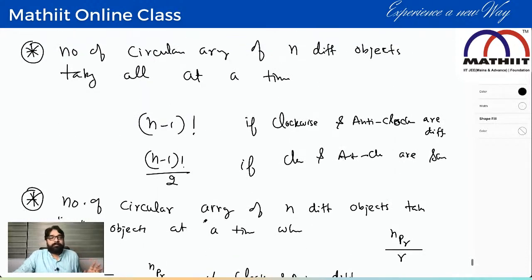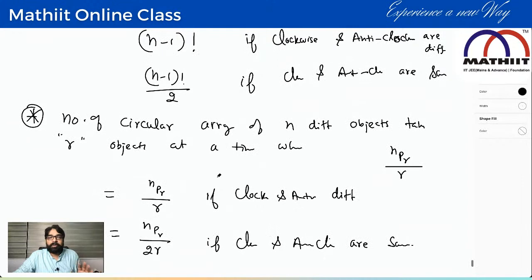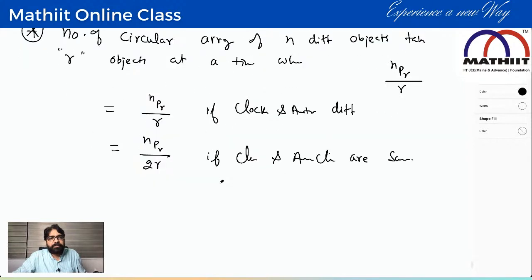So from the point of view of calculation, this is the only thing you have to remember. The rest you do with the same logic as in the row arrangement. There is no big deal about it.